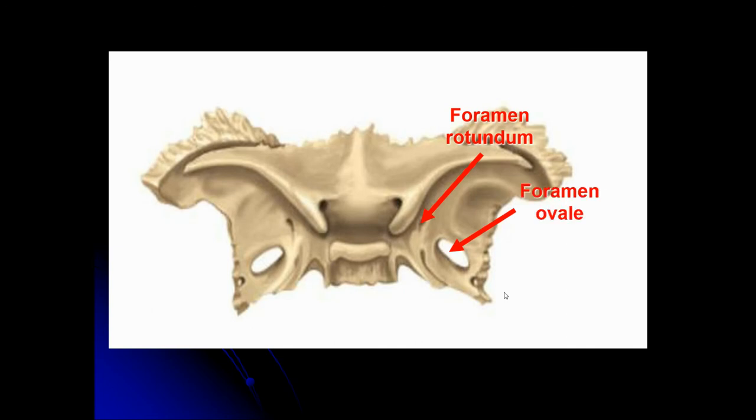And in Latin, that's called the foramen ovale. And this little bitty hole has sort of a spiny appearance, so it's called the foramen spinosum. Nerves and blood vessels go through these holes as well. So if we look at it again, rotundum, ovale, spinosum, and then the optic canals.